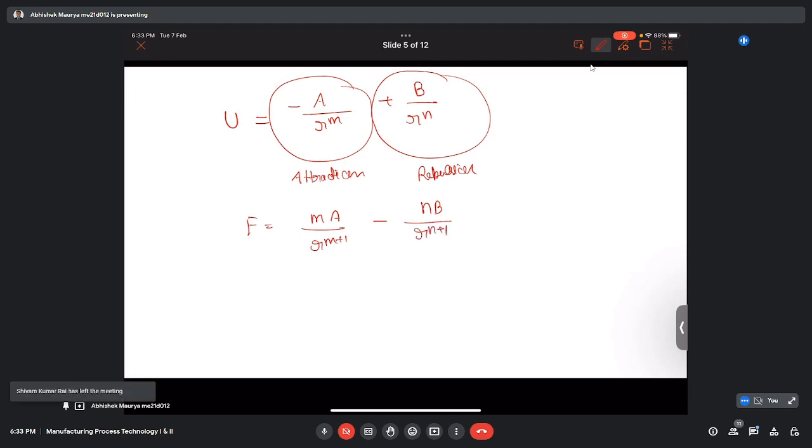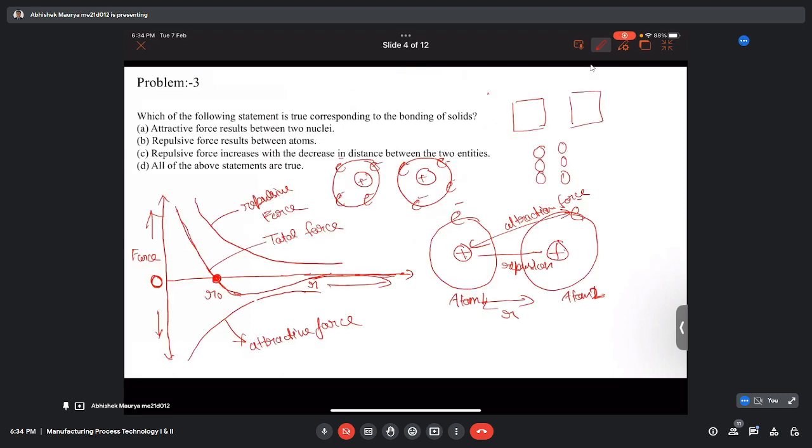So we'll get this equation. Again, it has two terms. One is for the repulsion, and one is for the attraction. And usually M is less than N. Because of this, when R is greater than R0, there is a net attractive force between these two atoms.